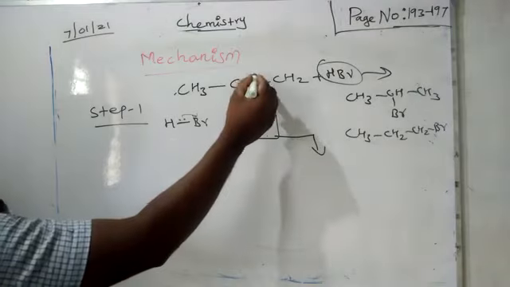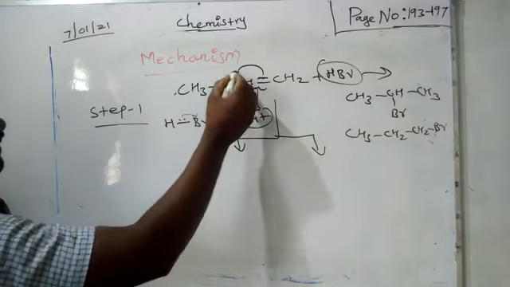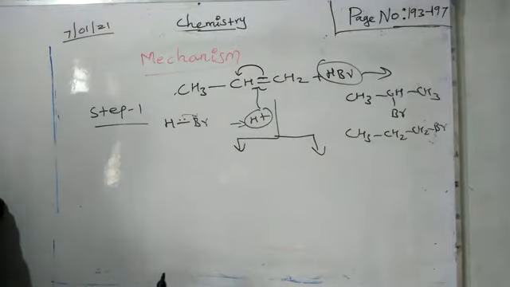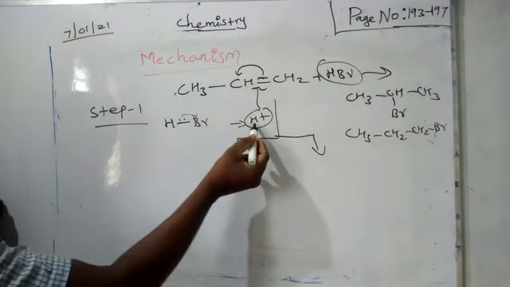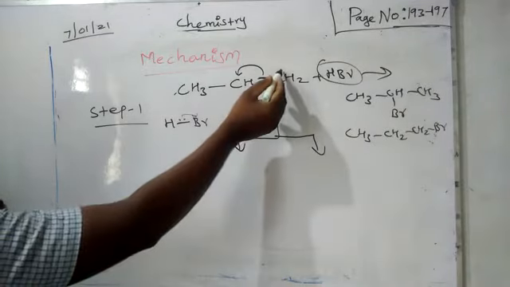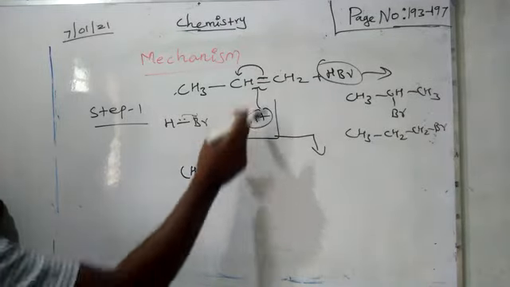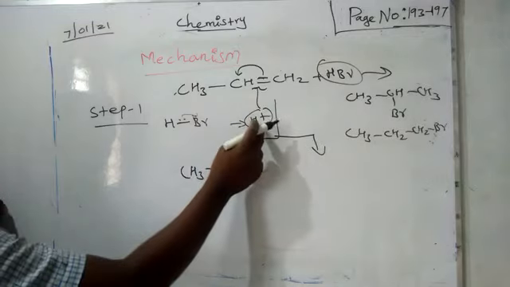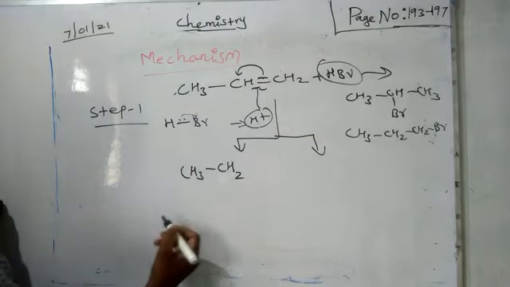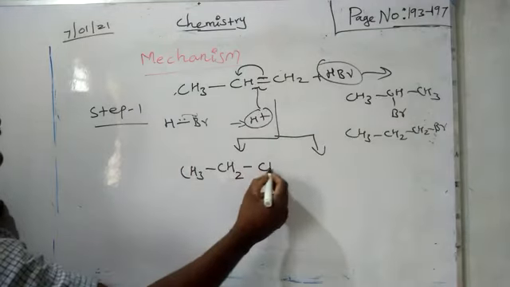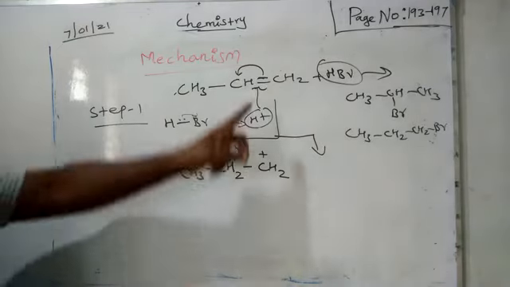How? First type, one of the double bonds may form a bond with this hydrogen, and now CH2 plus will form. CH3CH, that bond is utilized to make a new bond with the upcoming H plus, and it forms CH3CH2CH2 plus. Are you able to follow?